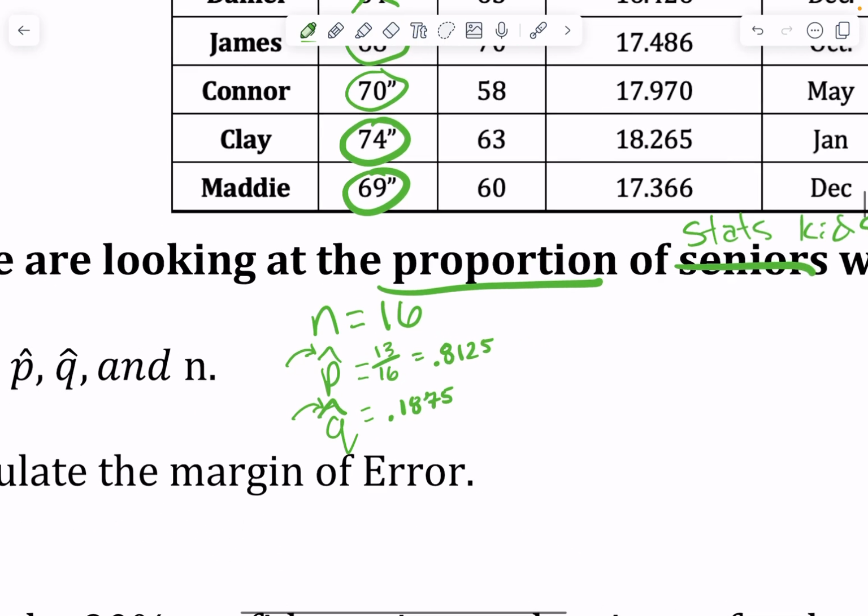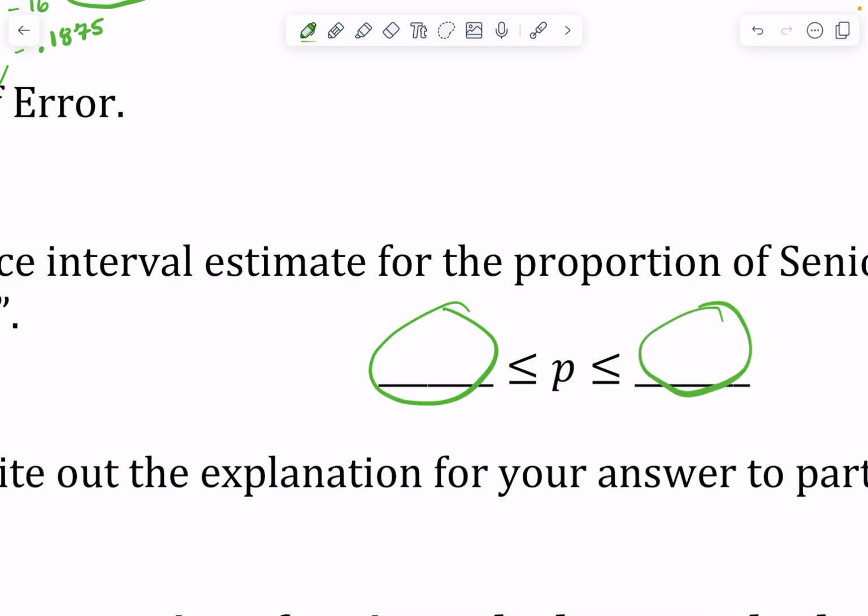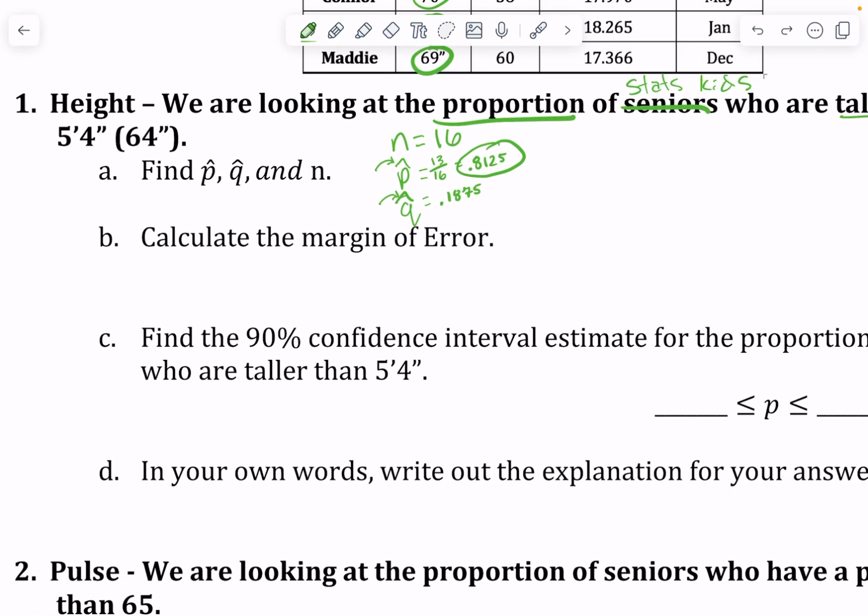Now, it is not fair for me to say that 81% of all stats students everywhere, or 81% of all high school students everywhere, if that's my population, are taller than 64 inches. That's not fair for me to say exactly that percentage. So rather than doing that, I say somewhere between this number and this number are taller than 64 inches. And we have to find that by doing the margin of error.